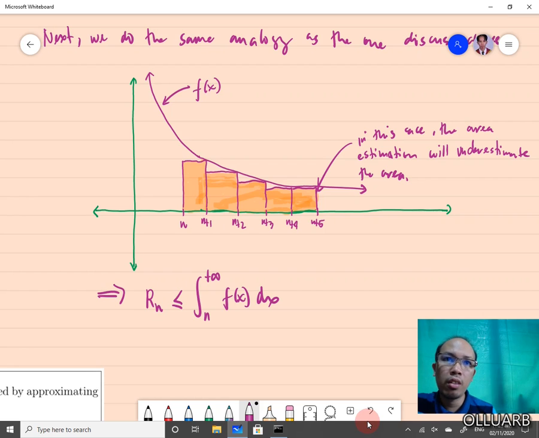Okay, in this case the area estimation will underestimate the area.